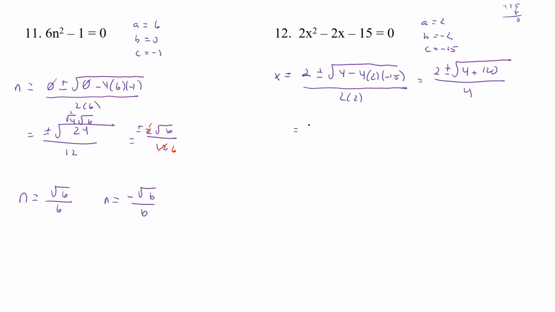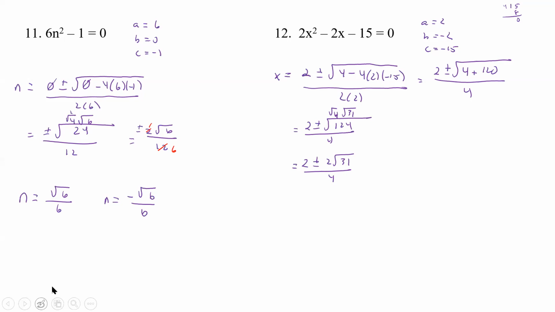And if we simplify that, that's 2 plus or minus the square root of 124 over 4. Now 124 we can divide by 2, so that's 62, divided by 2 again, so we can have a square root of 4, and the square root of 31, I think was where I got to. And so that's going to be 2 plus or minus 2 square root of 31 over 4.